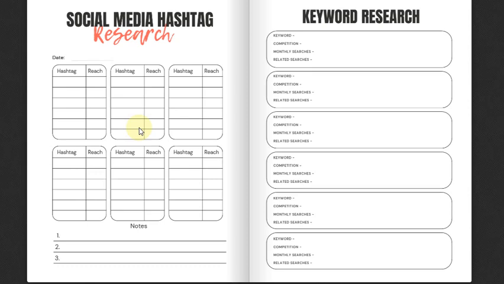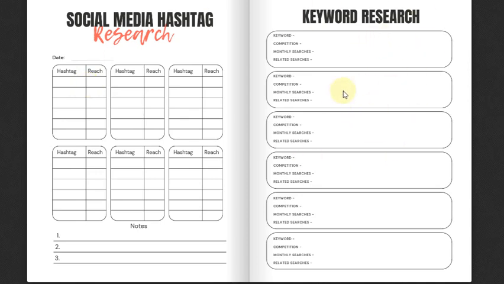And so that's what you want to do. You want to make sure that the hashtags you're using are getting you in front of the right people. So you want to do research, and then write down the hashtag and the reach, or the number of people that you're going to reach if you use that particular hashtag.